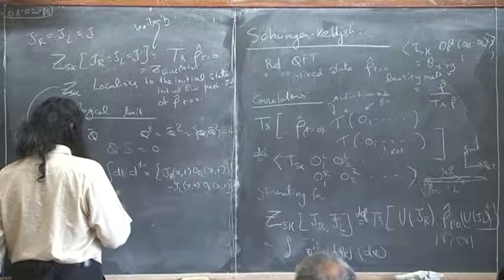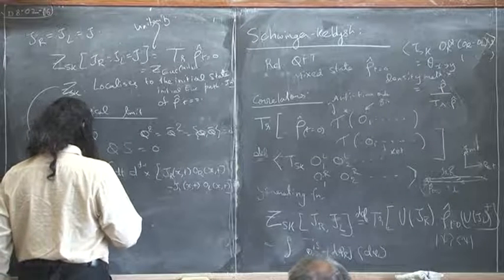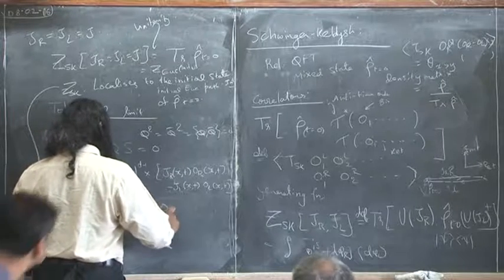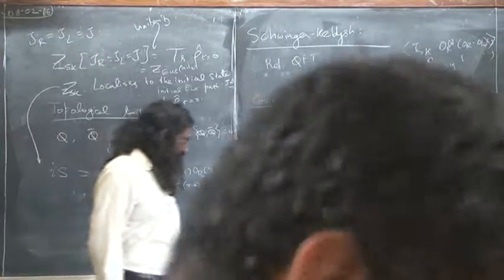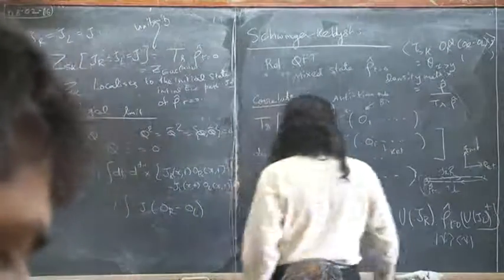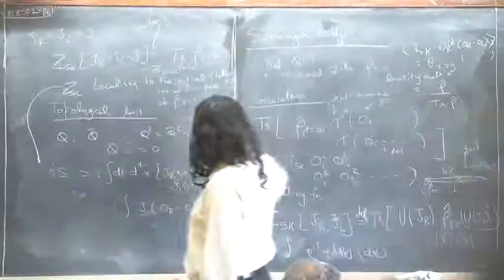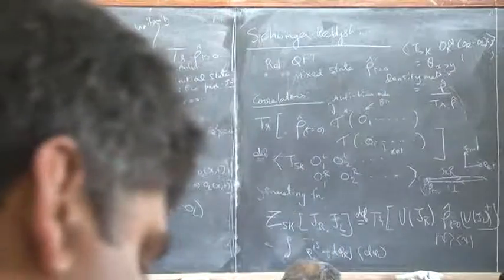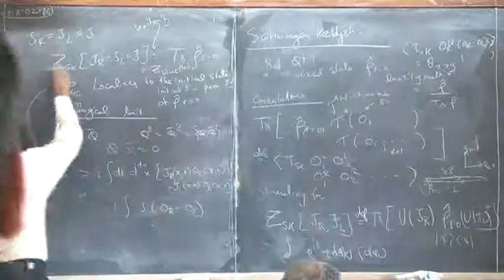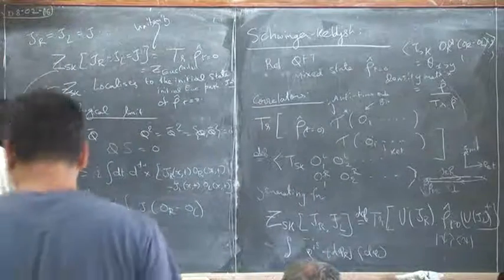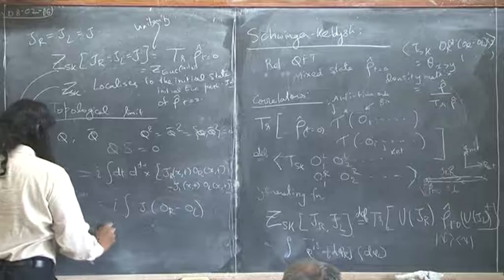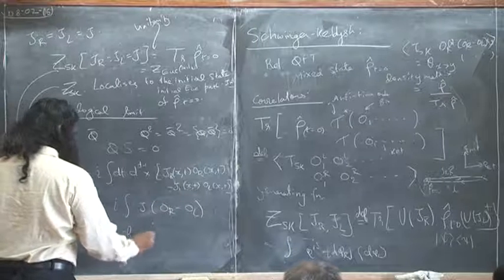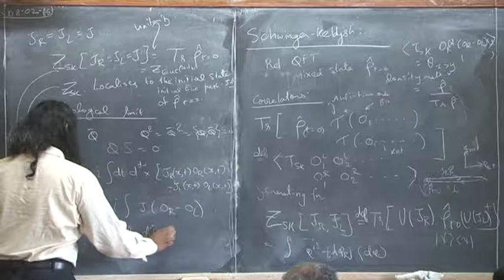What you get is basically that this becomes something like J into O_R minus O_L, if you put J_R equal to J_L. So basically that means you have these correlators that the ZSK calculates. The ZSK of J is really a generating function for correlators of difference operators.